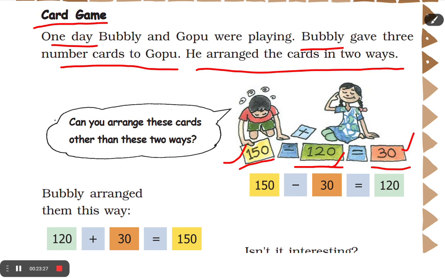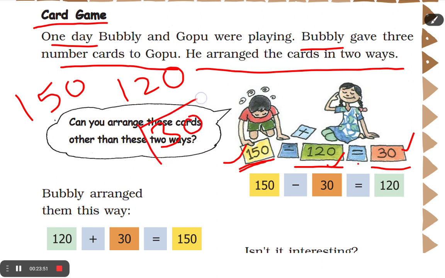How did he arrange it? He arranged these: 150 minus 120 is equal to 30. So arranging the cards like that. Suppose here you are given the 150 card, 120 card and 30 card.